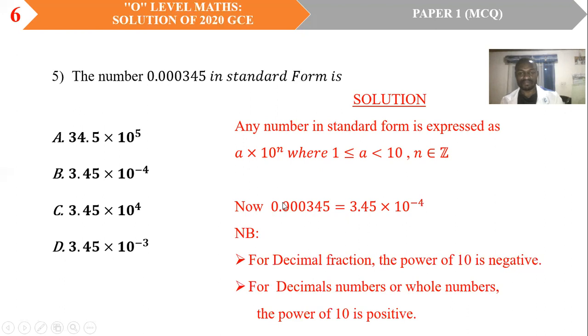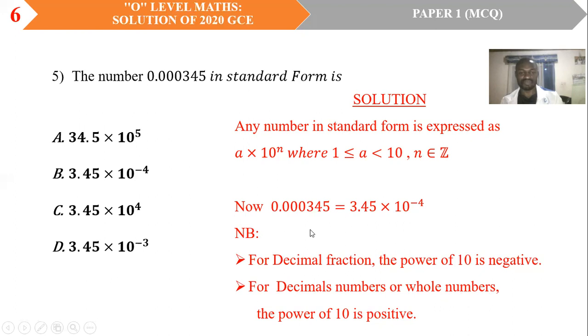Why -4? Shifting the decimal place to the right, the power of 10 will be negative. In case you shift to the left, the power of 10 will be positive. So for a decimal fraction, the power of 10 is negative, and for decimal numbers or whole numbers, the power of 10 is positive. This is a decimal fraction.